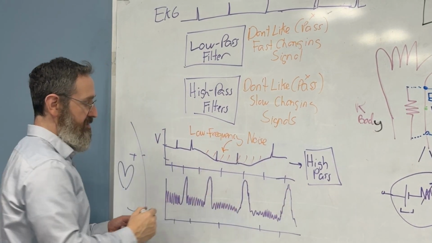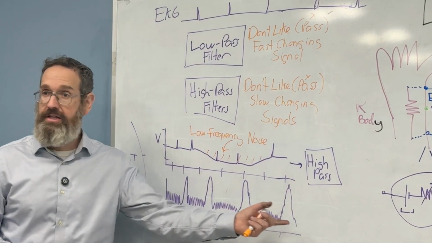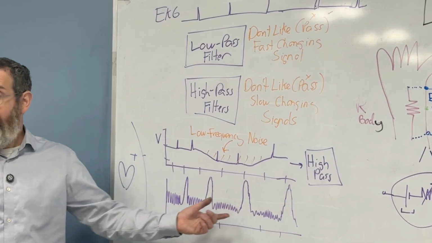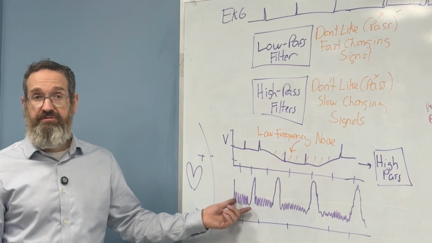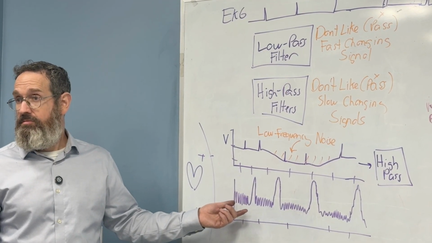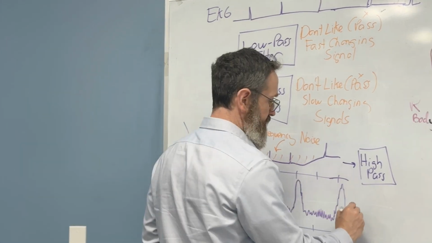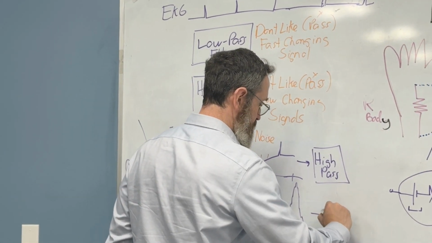Okay, this is not the same scale here, right? We've kind of zoomed in on our EKG a little bit. You see your EKG, and you see that it has these very fast ripples, right? Much faster than your EKG. In this case, a low pass would take care of it.